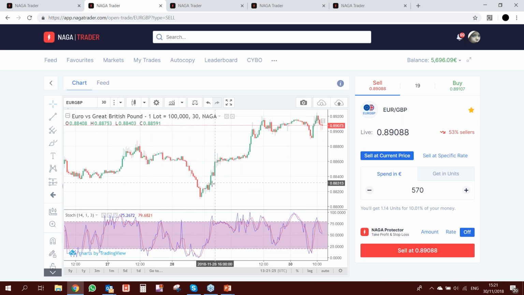For example, we do have the negative divergences, but the difference between the stochastic and the rest of the oscillators is that the stochastic indicator is a breakout oscillator. It does have the overbought and oversold exactly as the RSI, with the difference that for stochastic, the overbought level is the 80 and the oversold is the 20.